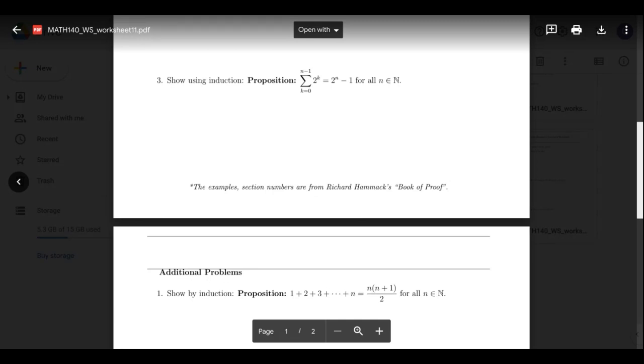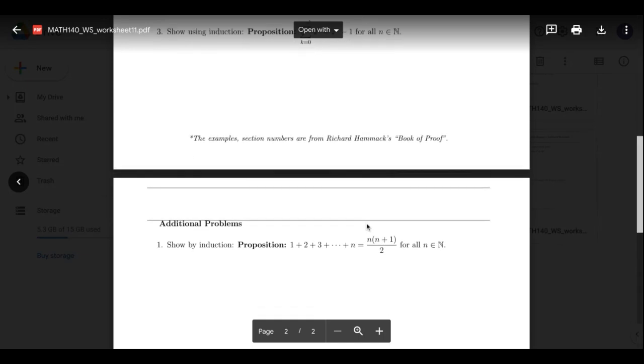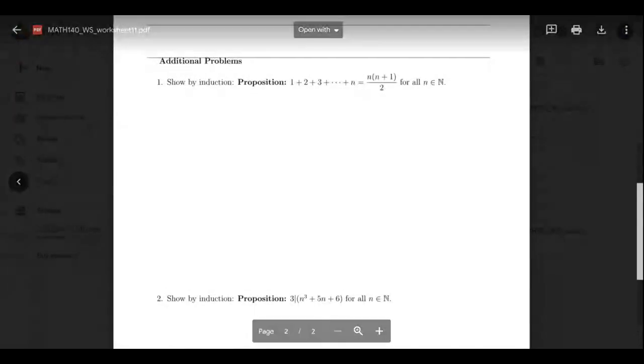Okay, for you guys who finished, try additional problem number 1. Try 1 and 2.